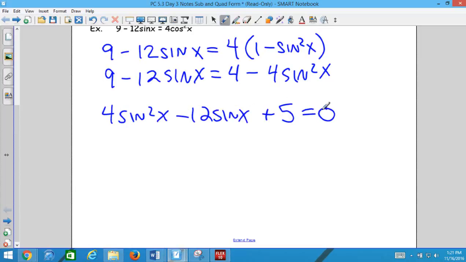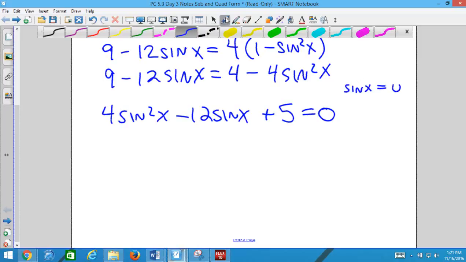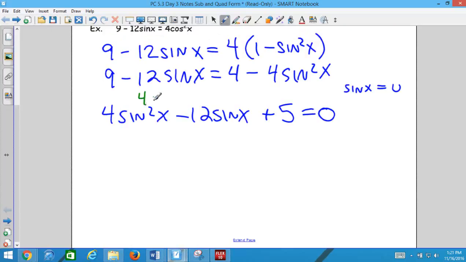If you have trouble factoring something that looks like this, you can always switch out the sine x for a different variable, like u. And you could make it look like 4u squared minus 12u plus 5. And think about factoring that first, if you need to do that.